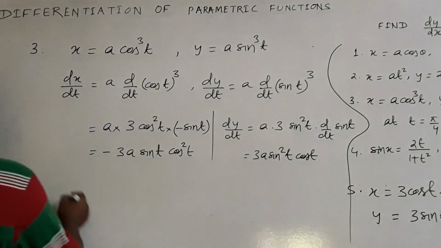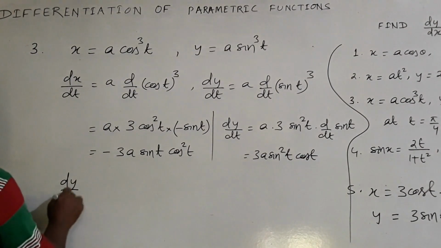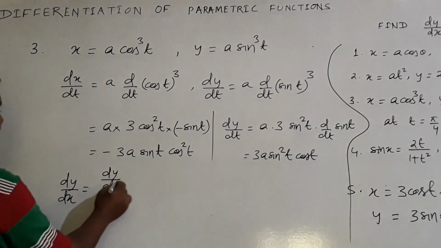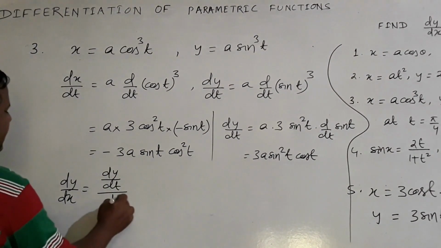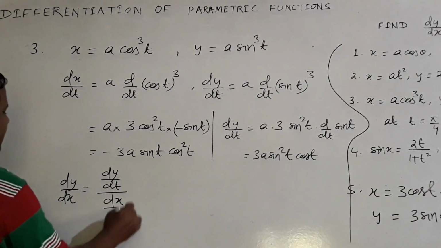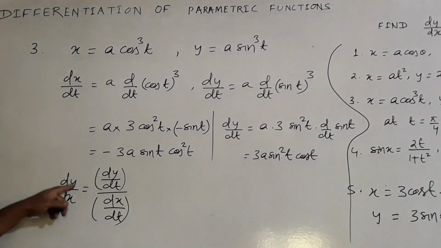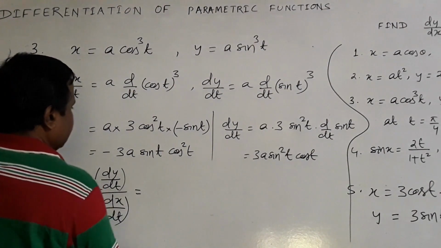Now what is dy by dx? dy by dx, I am telling you repeatedly, it is dy by dt divided by dx by dt. Many students in the examination hall do dx by dt by dy by dt in a hurry. Since y is written in the numerator, you put dy by dt, then in the denominator x, dx by dt.